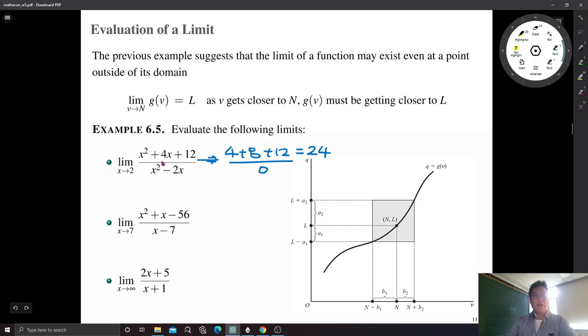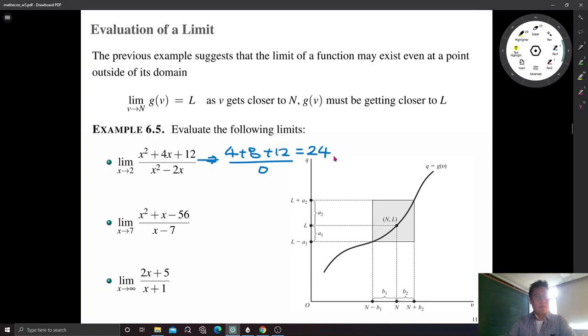So we can see that the function's value will be very close to 24 over 0. That is a really large number, because when x is getting closer, we have to divide 24 by a very small number, a very infinitesimal number. So that is going to be infinity.